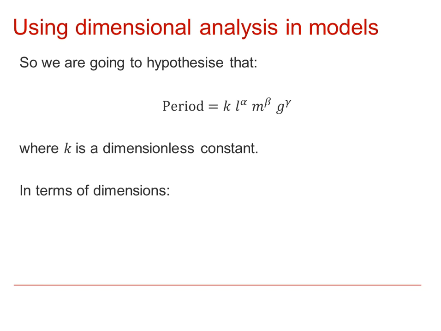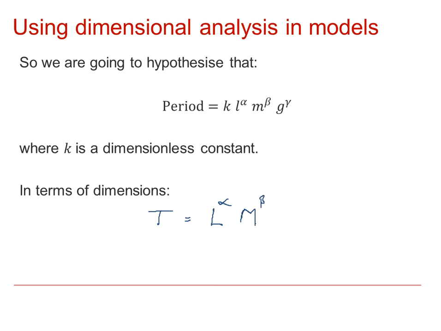Putting that in terms of the dimensions of the quantities, on the left hand side the period is a time, so we've got T. k is dimensionless, so it doesn't have any dimensions at all. Length L, obviously a length, so we've got L to the power alpha. The mass m is M, so M to the power beta.